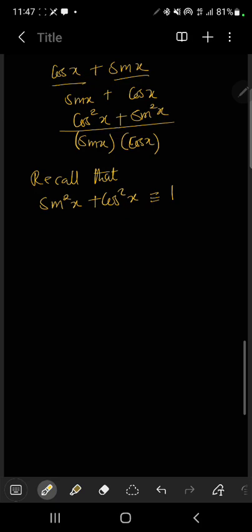So we can replace that with 1. Therefore we have 1 over sin x cos x.